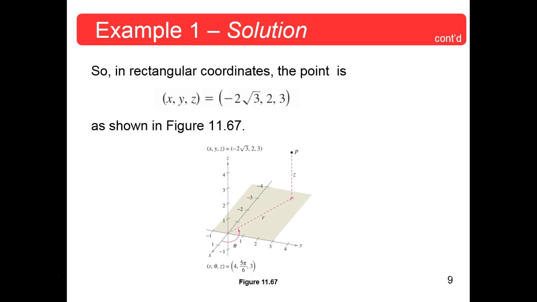And the cosine of that is root 3 over 2, so that's where that came from. Sine is just 1/2. So negative for the x, because you're in the negative x direction, positive on y, so that would be 2, and then you're up there at 3. So that would be negative 2 root 3, which is somewhere back in here, okay, short of 4. 2 this way, and 3.